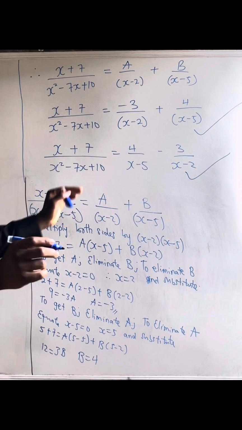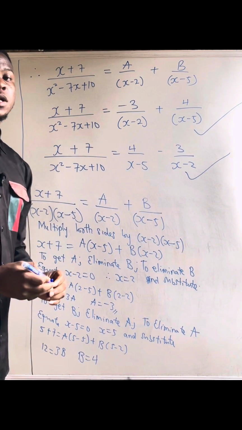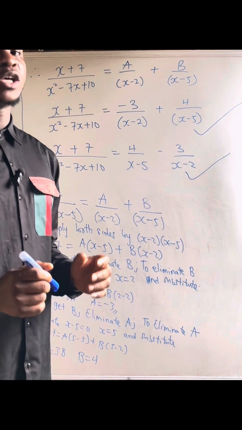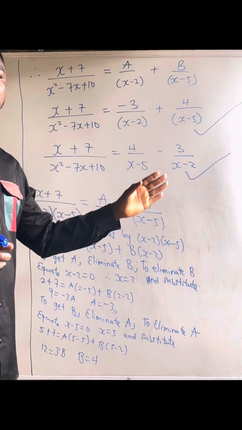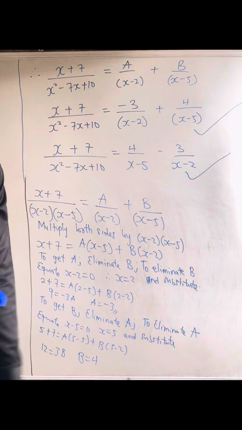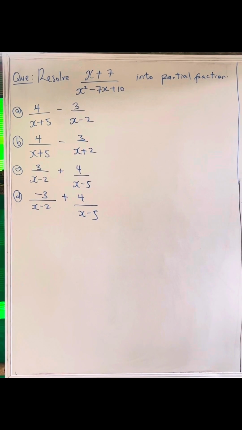So the last thing we are going to do in this video is show you how you can use option testing in getting the value of your answer for a partial fraction question like this. So guys, we are going to be solving this question using the trick method.